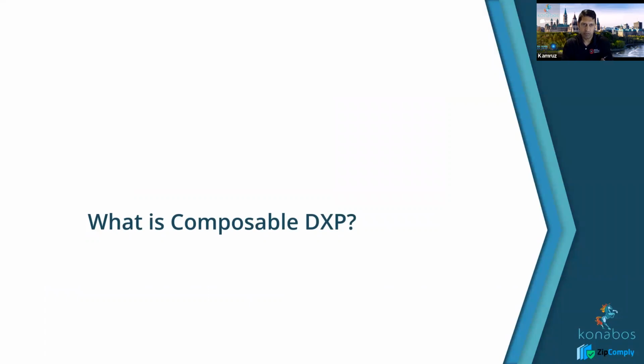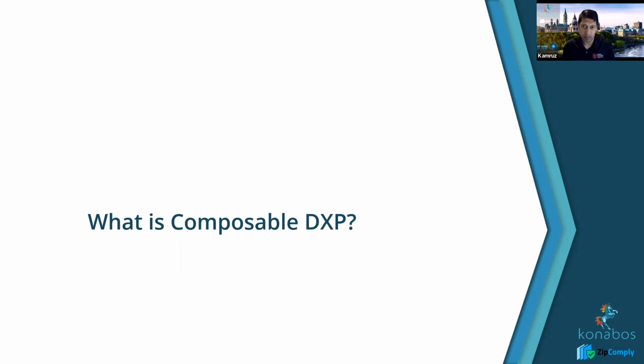So let's start with what is Composable DXP. And as Himadri just said, there's been a lot of changes in the CMS space in the last few years, and especially within our own Sitecore world. In case you've been living under a rock, Sitecore's been buying up composable related companies like it's going out of fashion. So past few years, we've seen Content Hub come on.